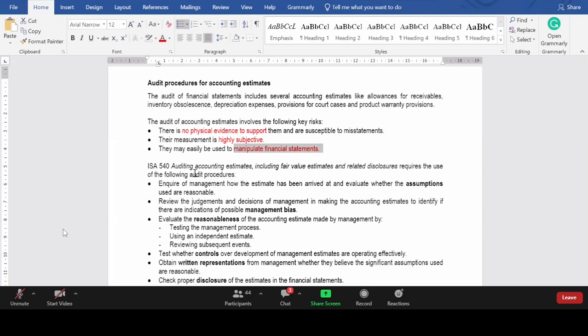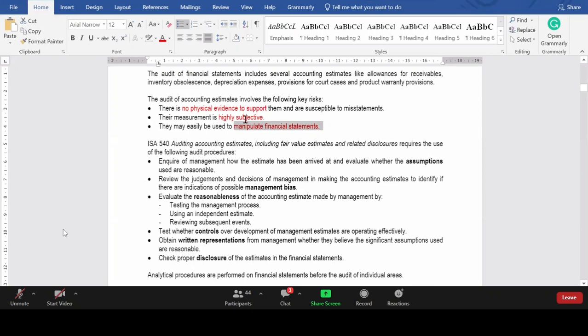So what do we do when we're auditing them? ISA 540 requires us to audit accounting estimates and the related disclosures. Because whenever somebody estimates something, he puts a disclosure in the notes, like his basis. So we want to audit and confirm that the figure he has put and the reason are substantial and correct.